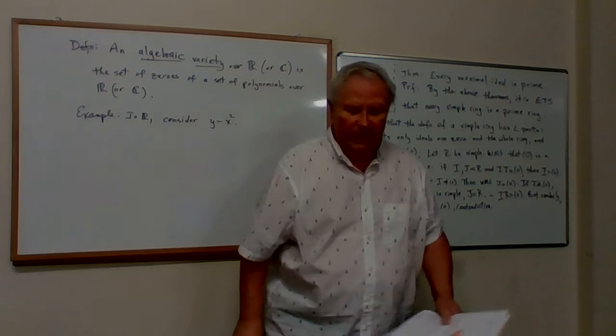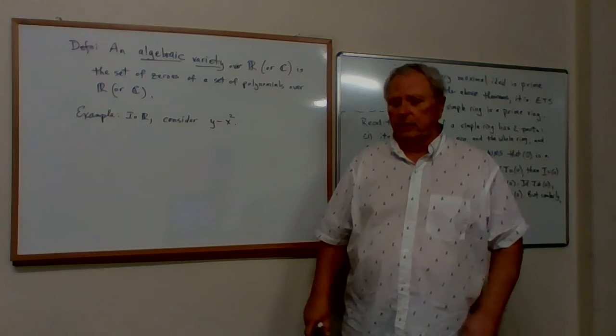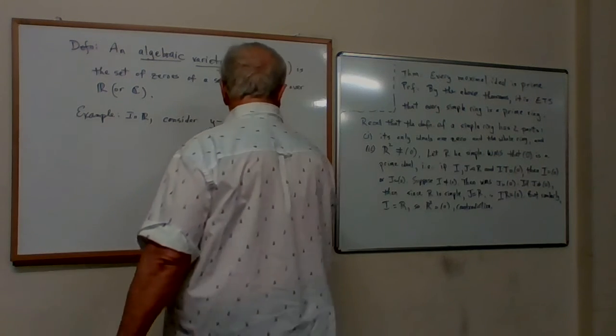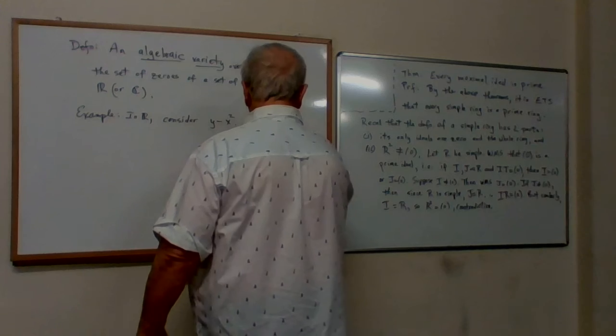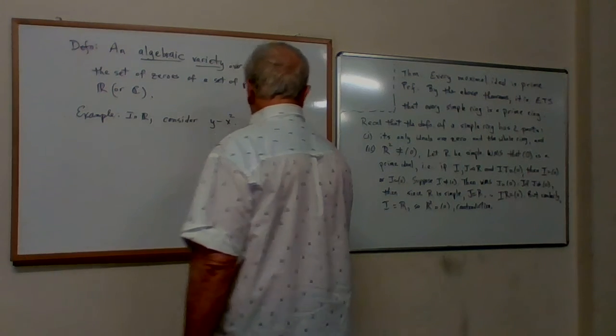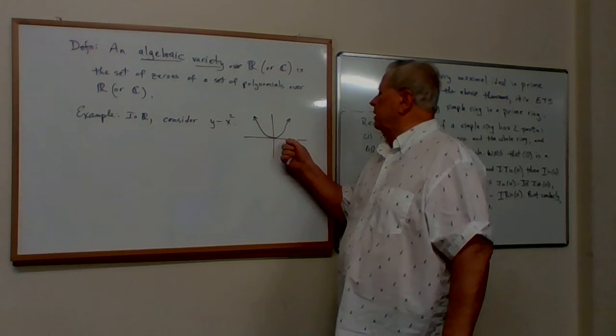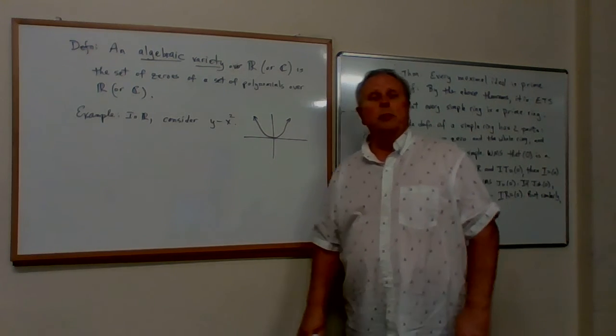Now, what does the set of zeros of that polynomial look like? Of course, you've known that since you were in junior high school. It looks like this. The zeros of this polynomial look like this in the real plane.